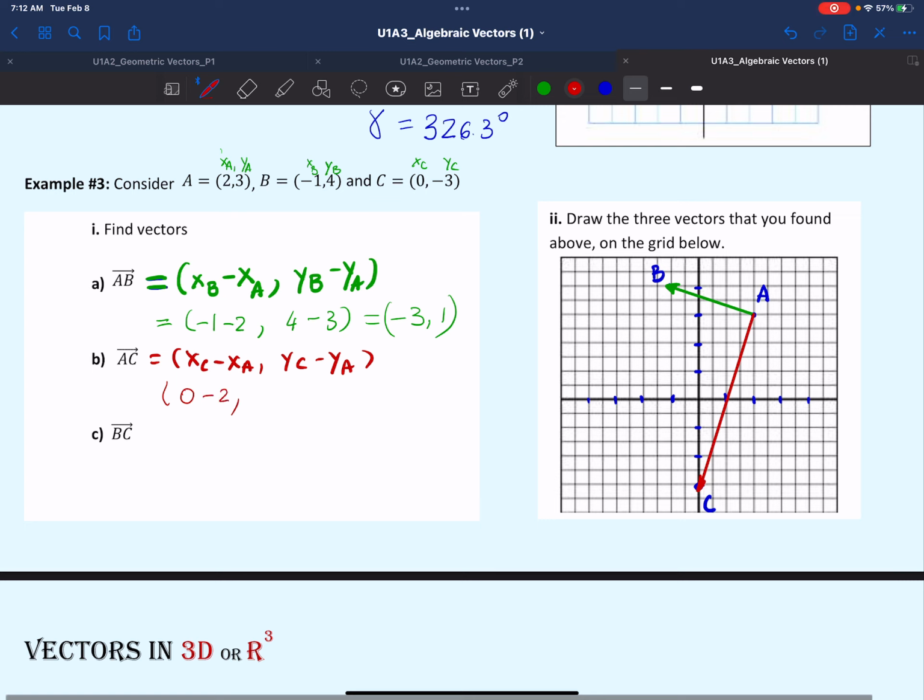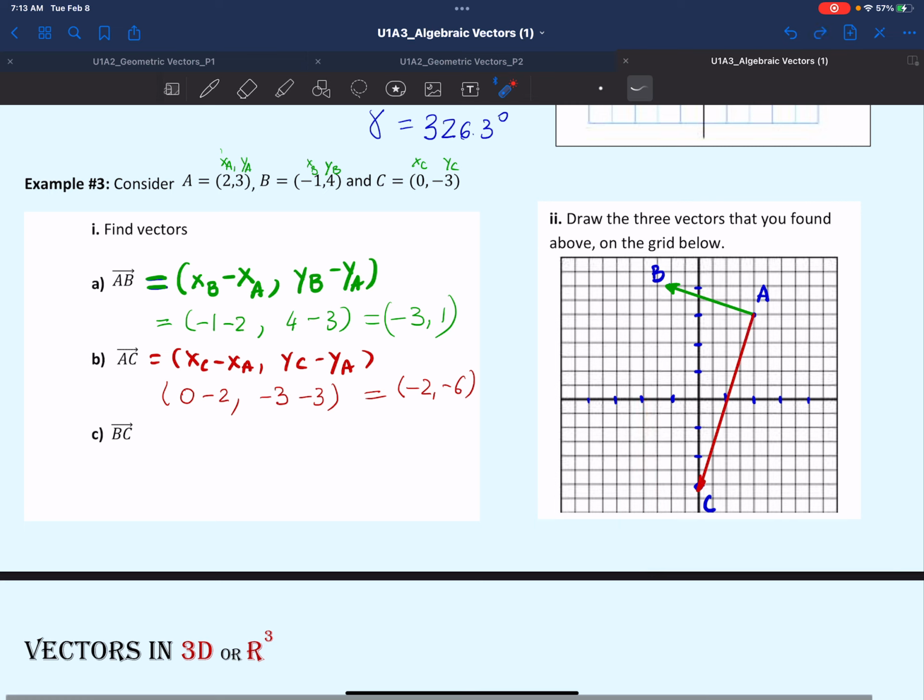Y at C is -3, y at A is 3, so -3 minus 3. So it seems that we have the coordinates -2 and -6 here. And again, I want to check and see if my answer is right. It seems that we are outside of the grid in here, but you can tell that for the x value, we are about at -2, and the y value should work as well, right?